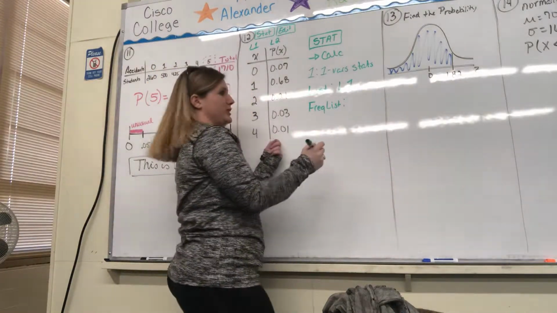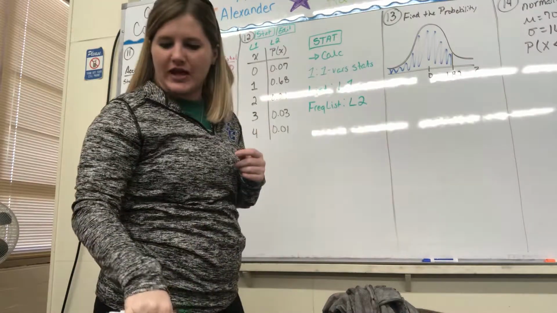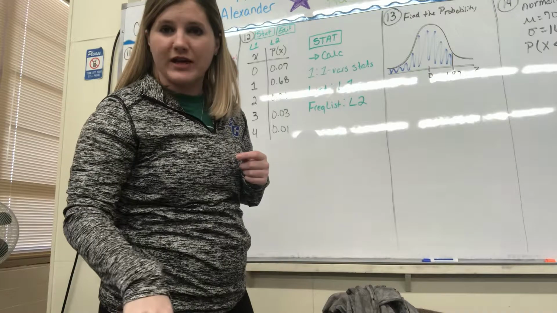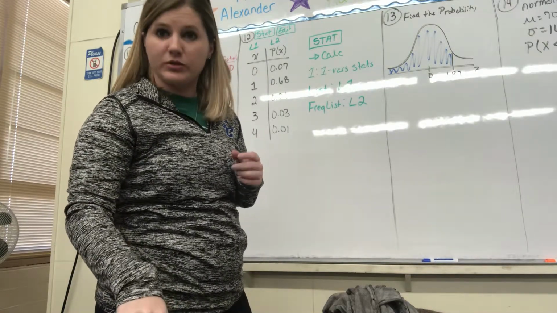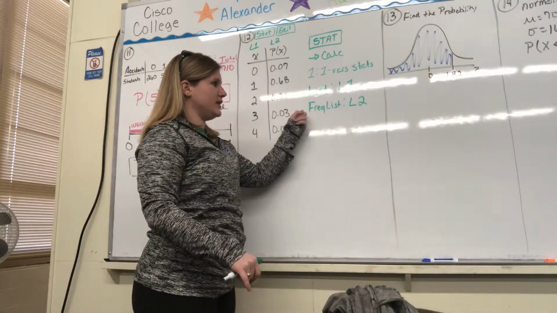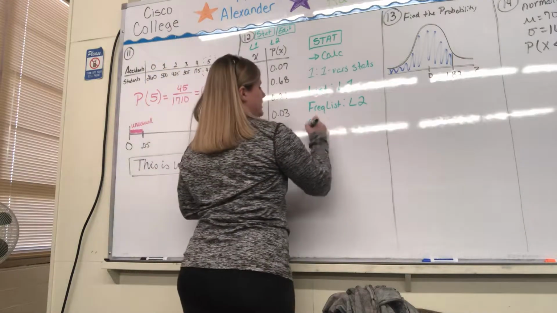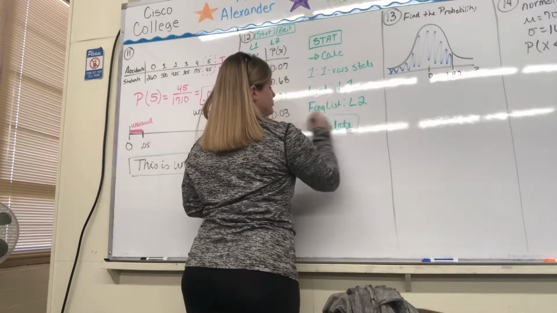That is what we put in L2. On your calculators, L1 and L2 are on number 1 and 2 at the bottom, so you press second and then those numbers because they're in blue. Okay, list is L1, frequency list is L2, and then we can go ahead and calculate. So pressing enter.